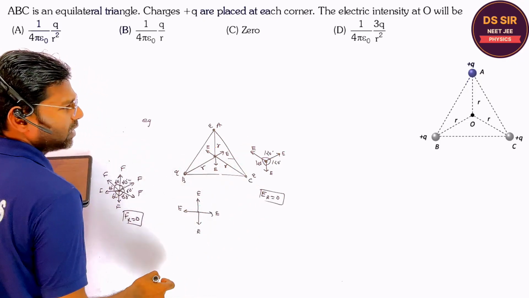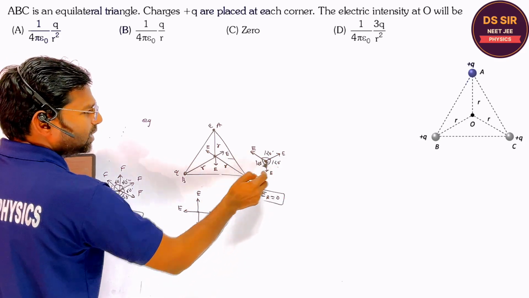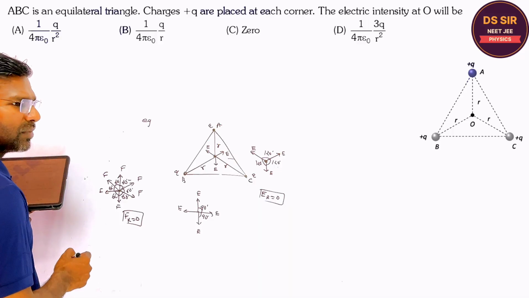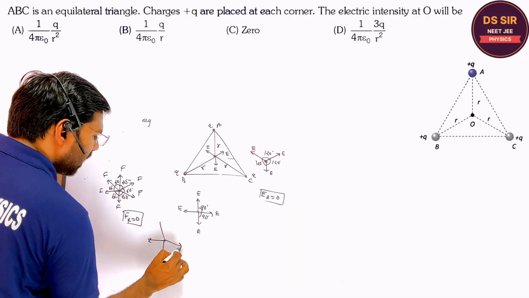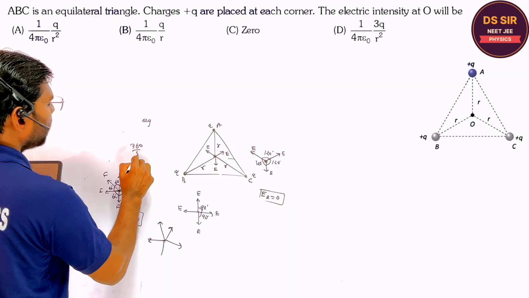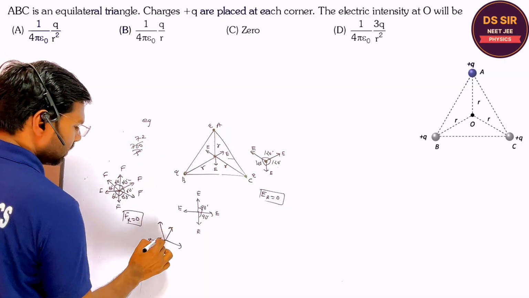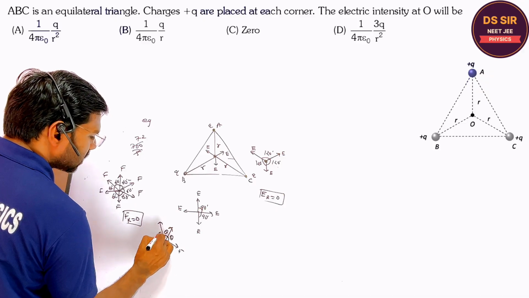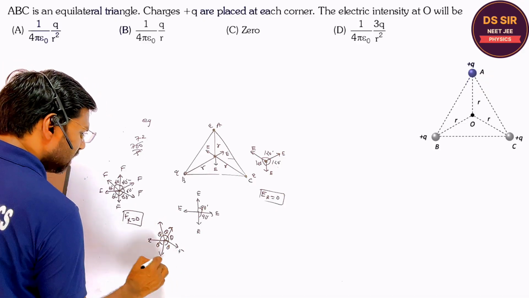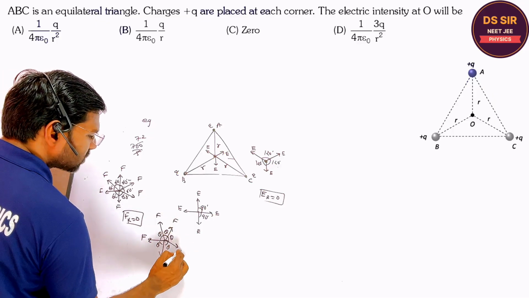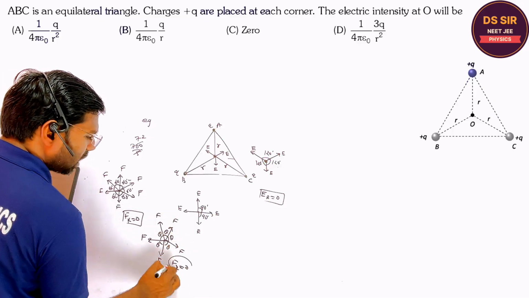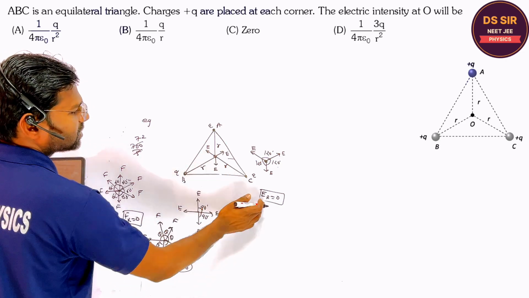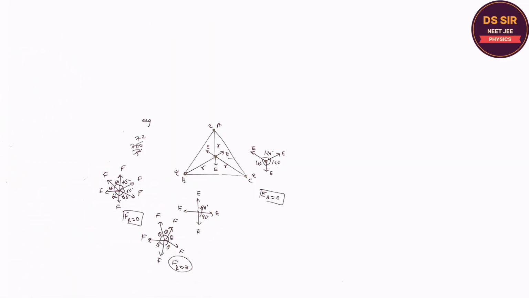But directly, without calculating, if 3 forces are acting at 120 degree, or 4 forces at 90 degree, or 6 forces at 60 degree, or if 5 forces are acting, 360 upon 5 is 72 degree, then the resultant force of all these equal forces will be 0. So directly, without calculating, by this theorem you can remember it. So the net electric field at the center is 0. Copy this. So read this question.